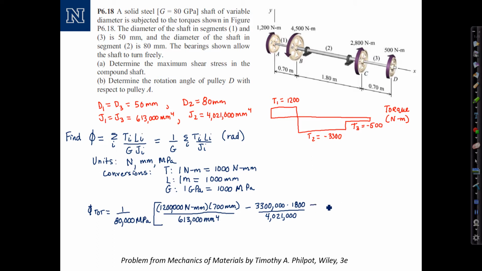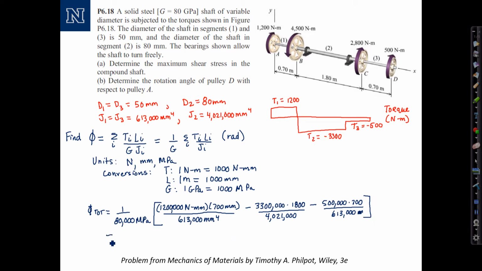This is also negative because the internal torque is negative. 500,000 newton millimeters times 700 millimeters for the length, divided by 613,000. Whoops, we weren't writing units for that one. 613,000 millimeters to the fourth.